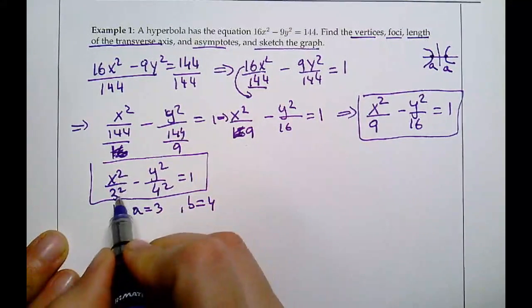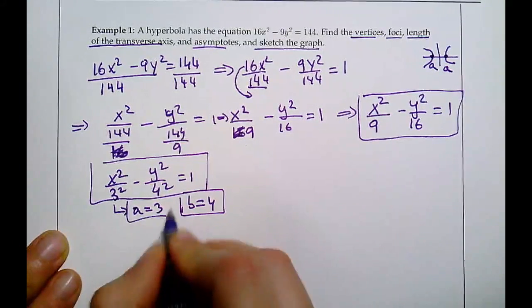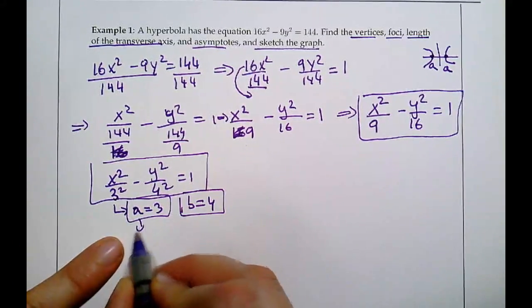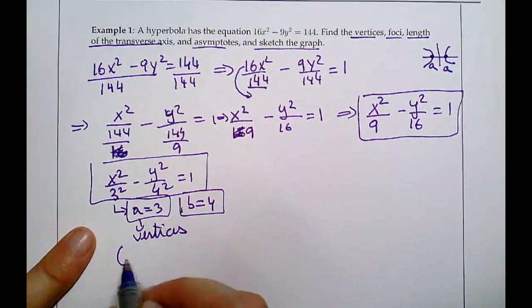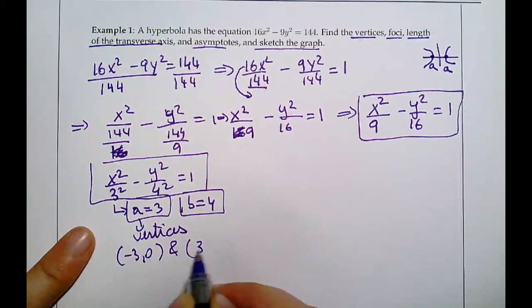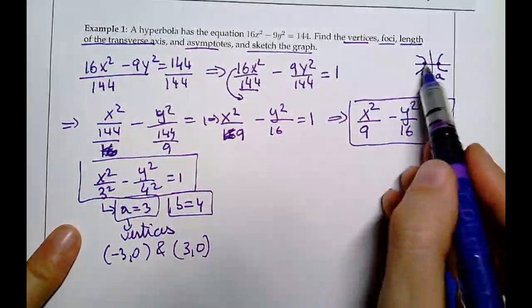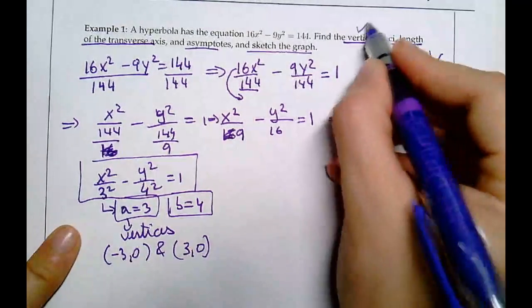It's x squared over a squared minus y squared over b squared. So remember that a gives me the vertices. So the vertices are (-3, 0) and (3, 0). They're going to be this value, -3 and 3. So we found the vertices.